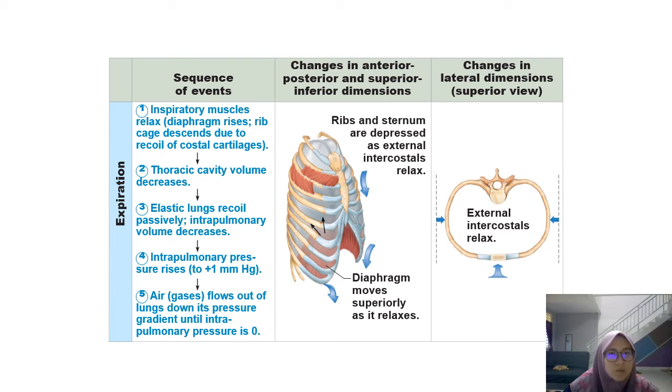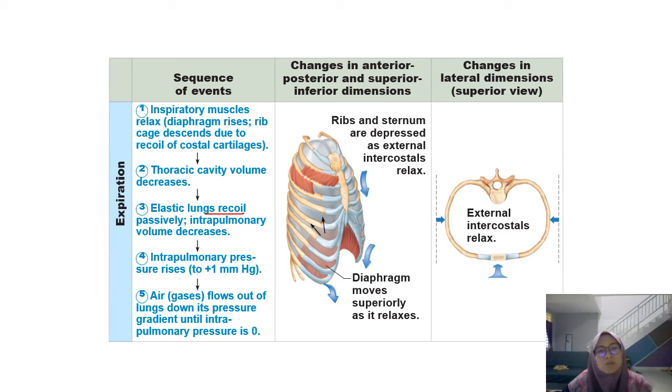This is the explanation of expiration, the sequence of events starting when the inspiratory muscles relax, so the diaphragm rises, and the rib cage descends due to recoil of the costal cartilages, so the thoracic cavity volume decreases. The elastic lungs recoil, which means they go back to their normal size, and that results in intrapulmonary volume decreasing.